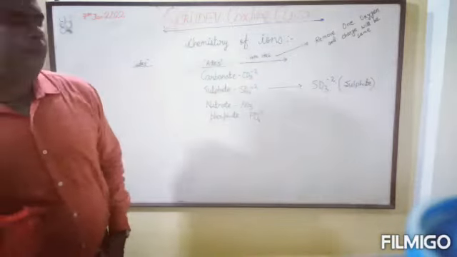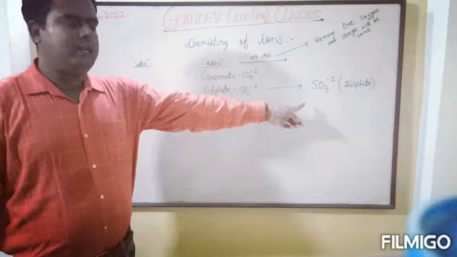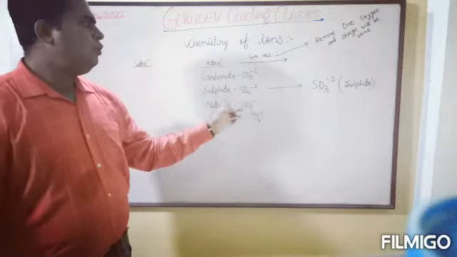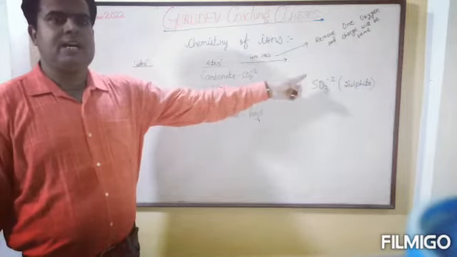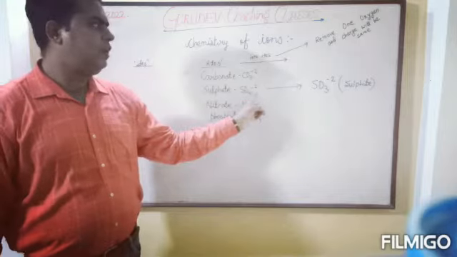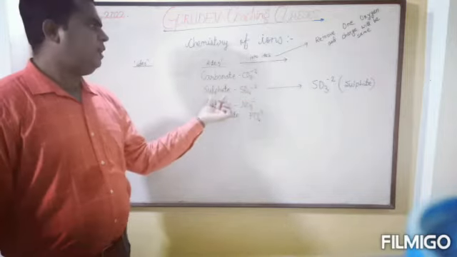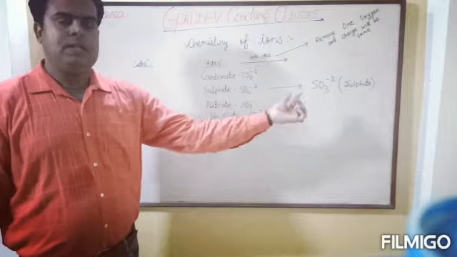SO3 with minus 2. Just see the change here. We have removed one oxygen and the charge is the same, minus 2 here, minus 2 here also. The sulfate becomes sulfite.